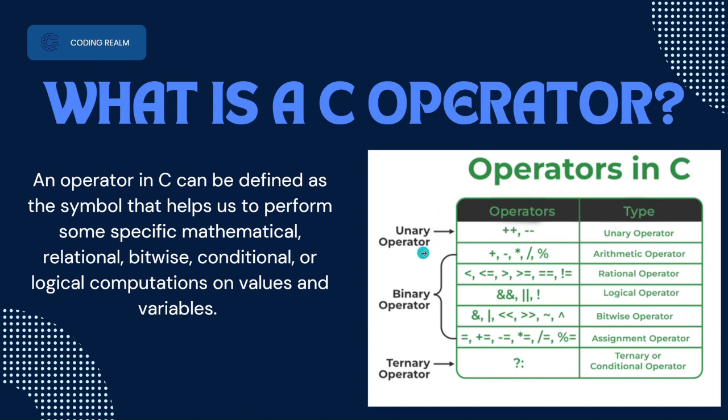We have the unary operators, ++ or --. The binary operators: plus, minus, multiplication, division, modulo, greater than, less than, equal to, not equal to, and, or, etc. And the ternary operator.